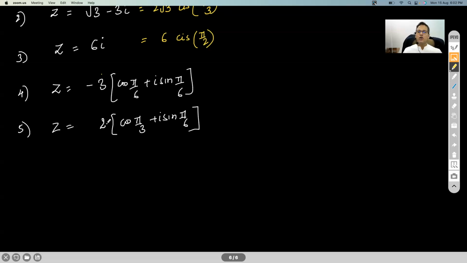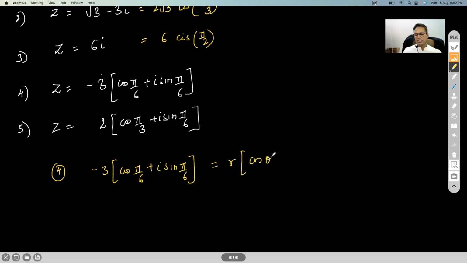So how do we solve this? We normally equate this to R cos theta plus i sin theta.